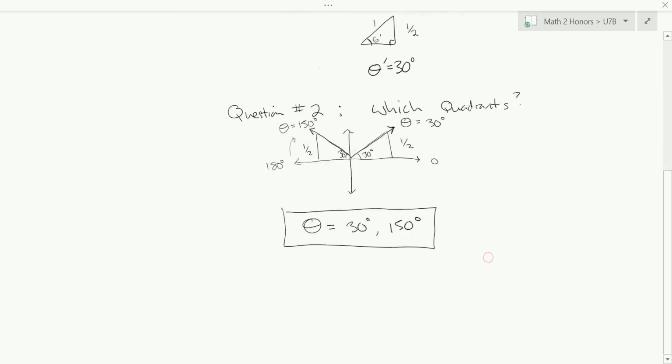Let's do another one then. So number 2. Again, we're going to find theta for theta between 0 and 2 pi. Now notice I wrote 2 pi instead of 360 here.